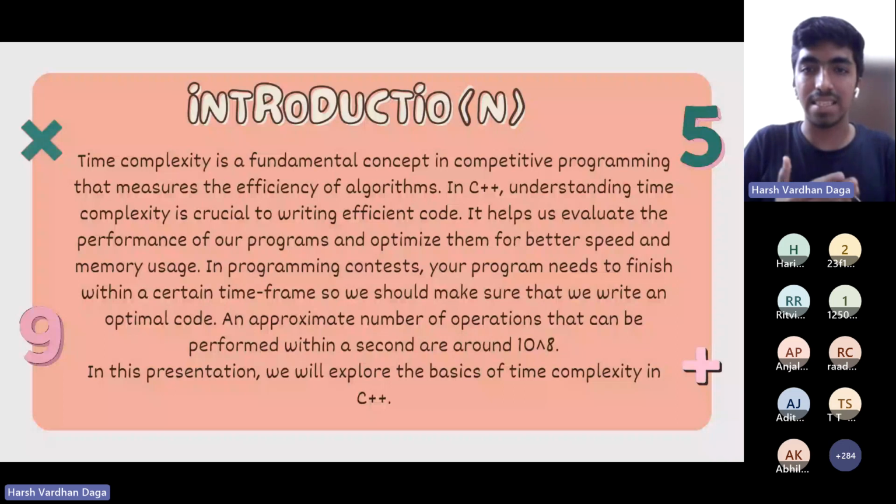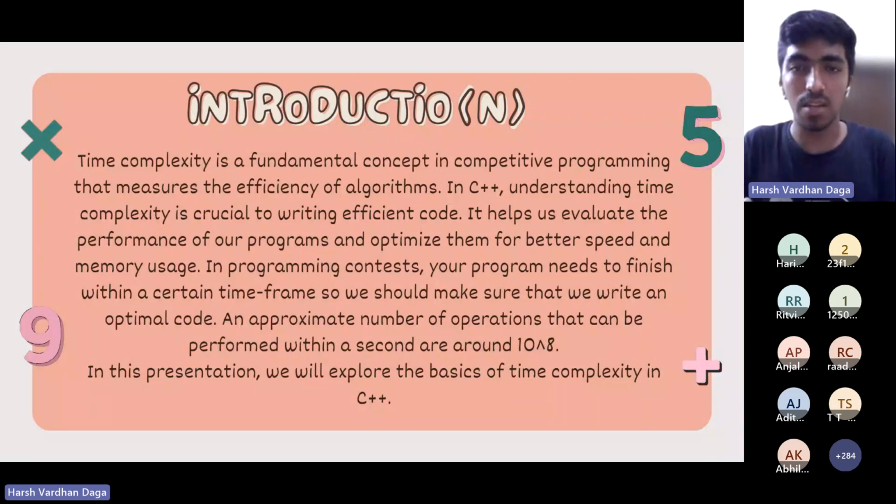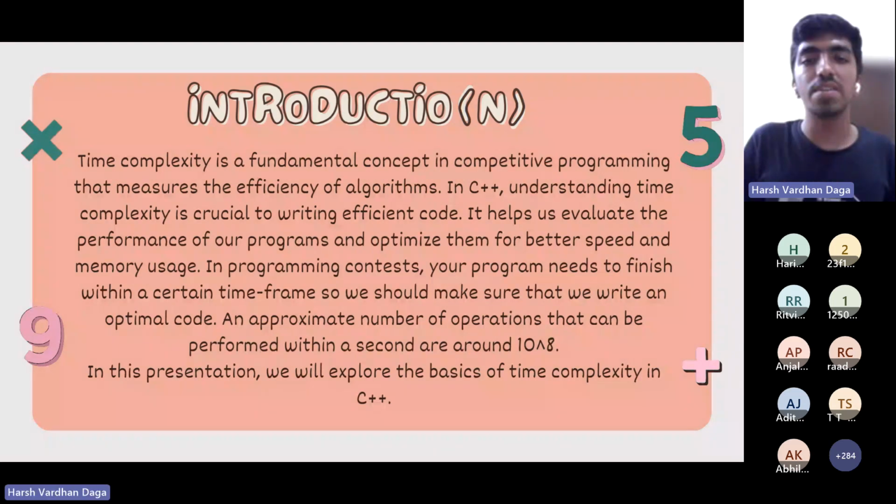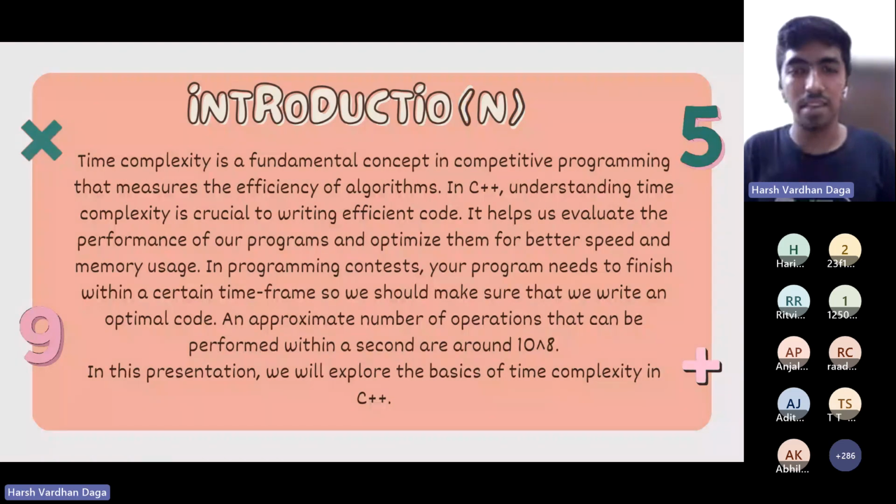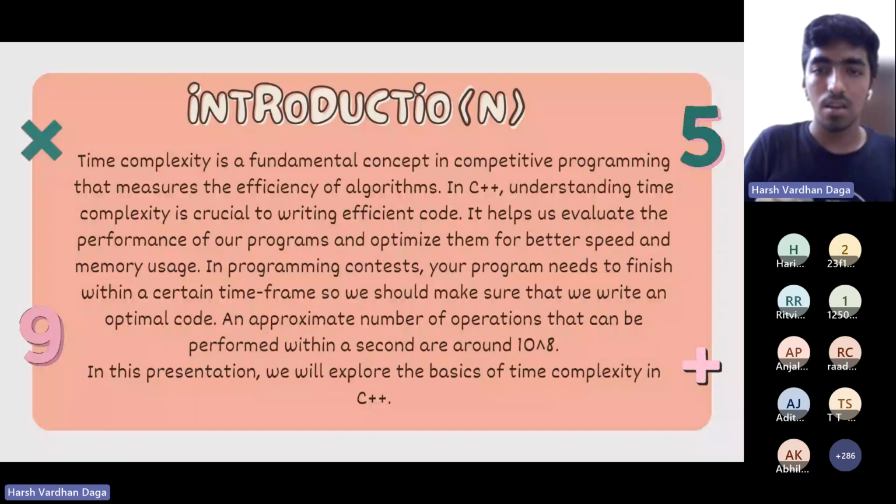It never gives us the exact time for which our code will run. It just gives us an approximate measure through which we can estimate how long our code will run, or will it pass under the given constraints. An approximate figure you can remember is that 10^7 to 10^8 iterations are executed in a second.